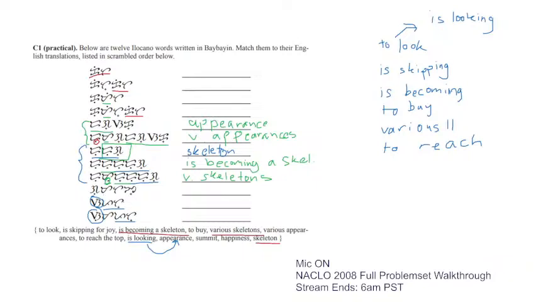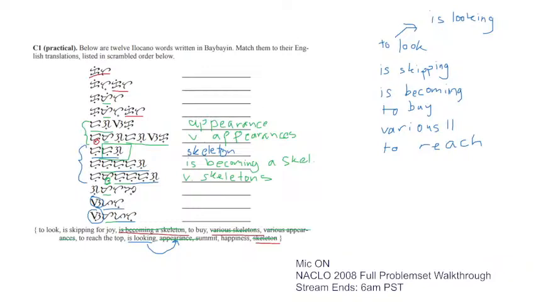Let's see. So since we know that this is some kind of plural indicator, this has to be something plural, I'm guessing, and then so does this. And since we think we figured out is becoming a skeleton and various skeletons, and we also figured out the singular version of skeleton, we also believe we figured out appearance and various appearances.